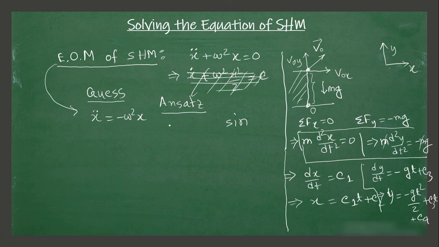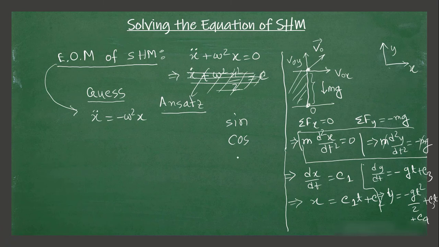You can try that. If you differentiate cosine, you get minus sine, and if you differentiate minus sine, you get minus cosine. So again, we just get that minus and the same function. So sine and cosine both satisfy this equation. Now, can you think of any other function?